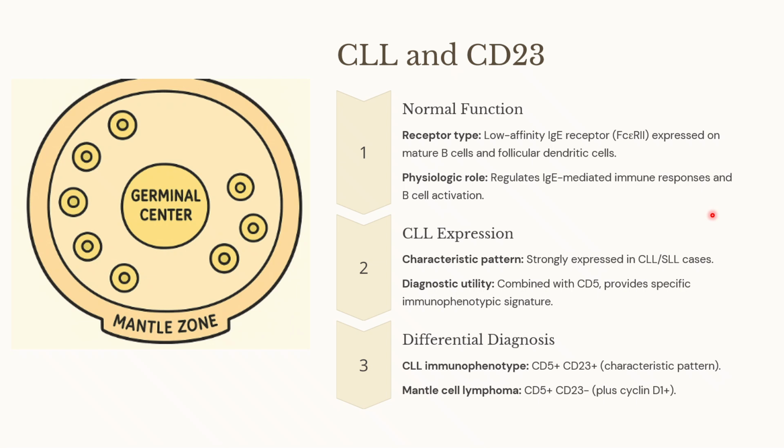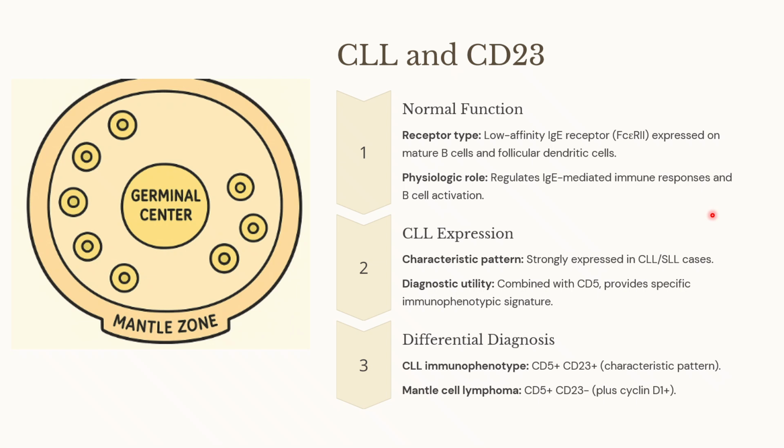They remain CD5 positive, just like CLL. But because they never pass through the germinal center to fully differentiate, they do not express CD23. So, mantle cell lymphoma is CD5 positive with cyclin D1 overexpression but CD23 negative.